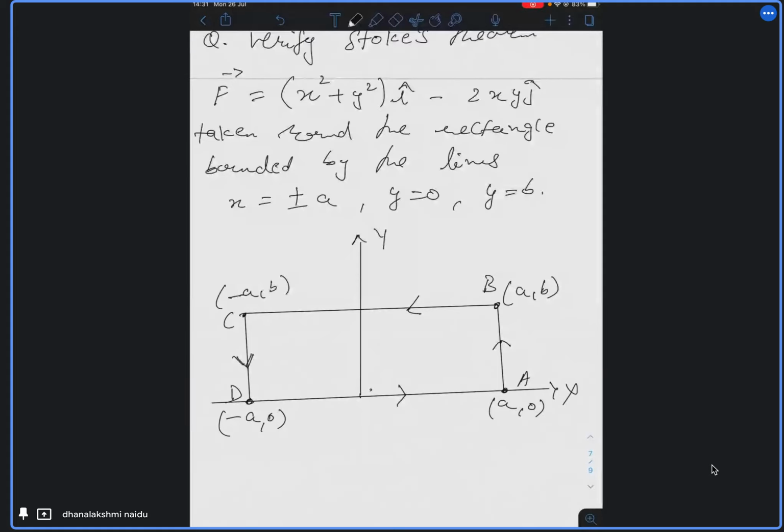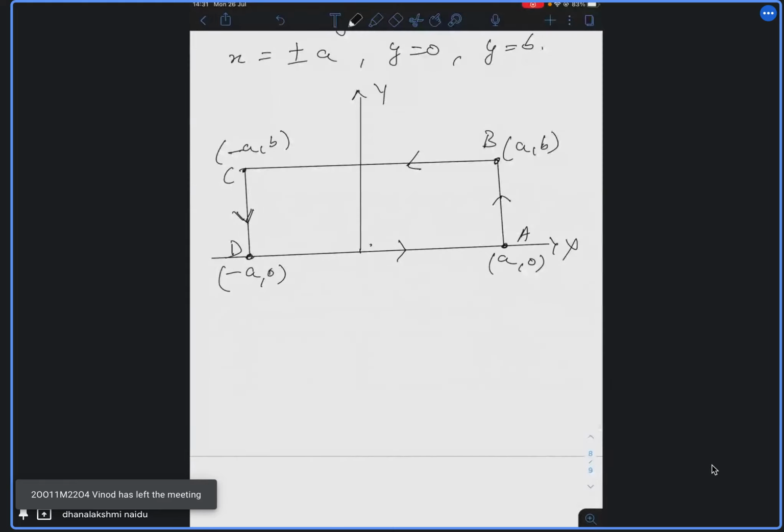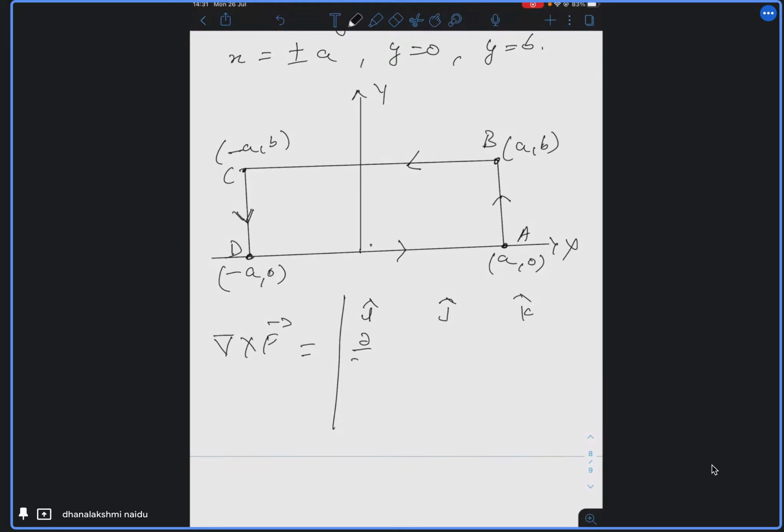Okay, you solve. It's almost the same problem, only instead of a square you have a rectangle with certain vertices. So first solve the curl of f bar. Again, the vector perpendicular to the xy plane, your n bar will be equal to k cap only. So your curl of f bar I am calculating. Del cross f bar, which is again determinant of i j k, dou by dou x, dou by dou y, dou by dou z.